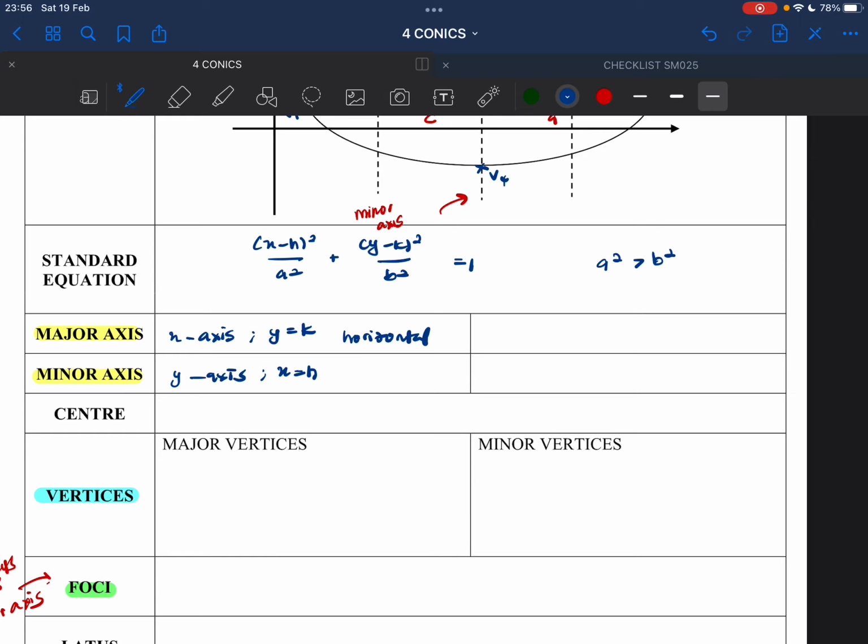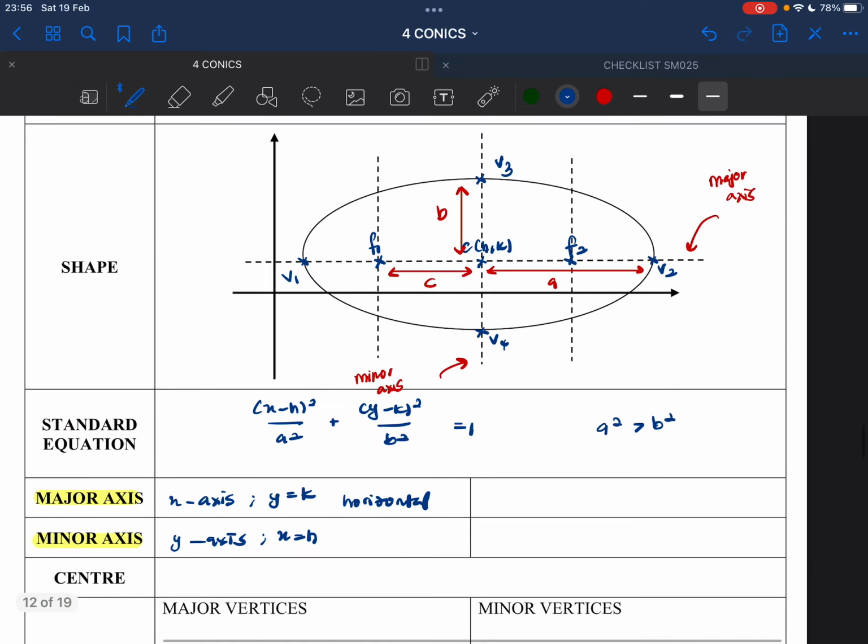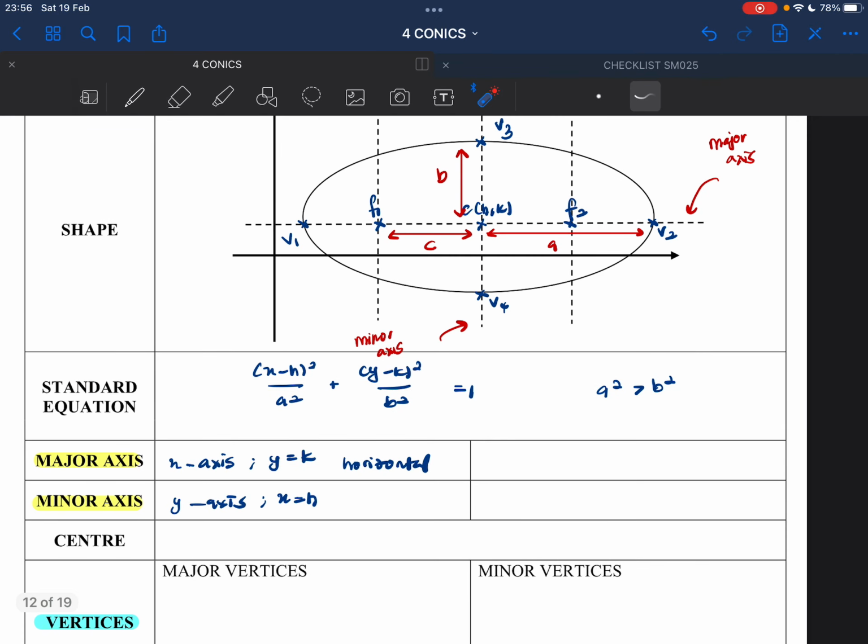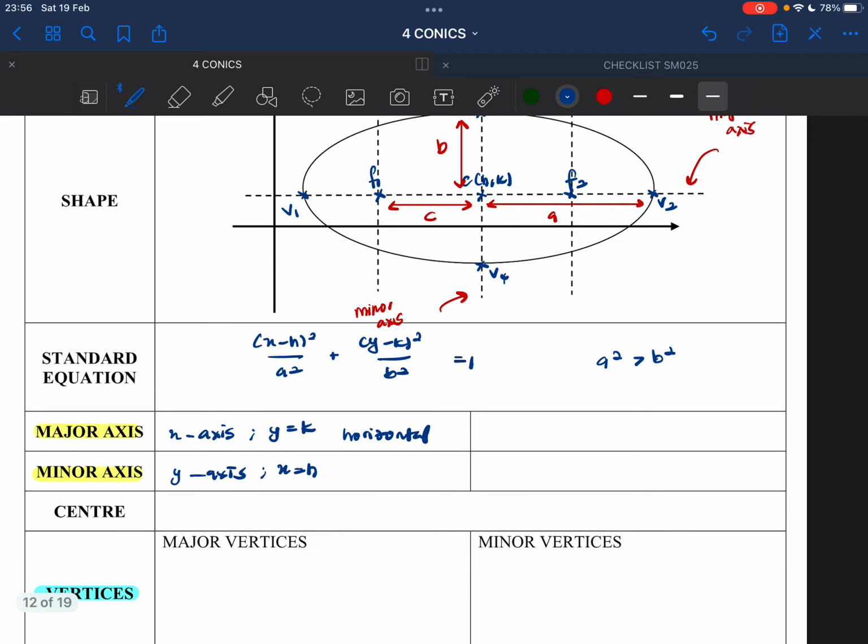One more thing that you have to know for major and minor axis is their lengths. Where is the length of the major axis? From vertex 1 to vertex 2 is the length of the major axis. You know that this is a, and this is a, so the length of the major axis is 2a.